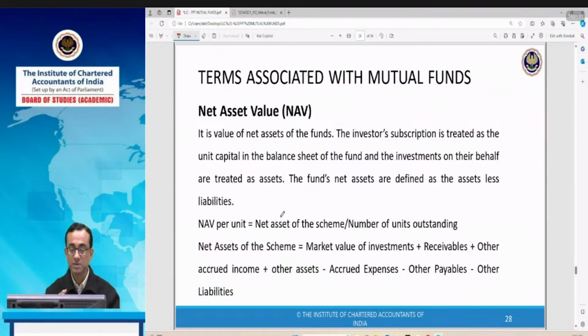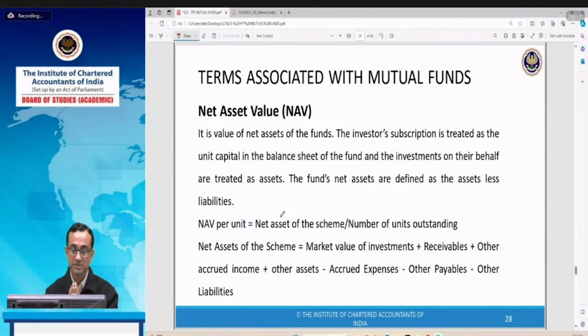Net asset value is the value of the net assets of the fund. The investor subscription is treated as the unit capital in the balance sheet of the fund, and the investments made on their behalf are treated as assets. So whatever investments are made by the mutual fund are their assets. The net asset will be assets minus liabilities.